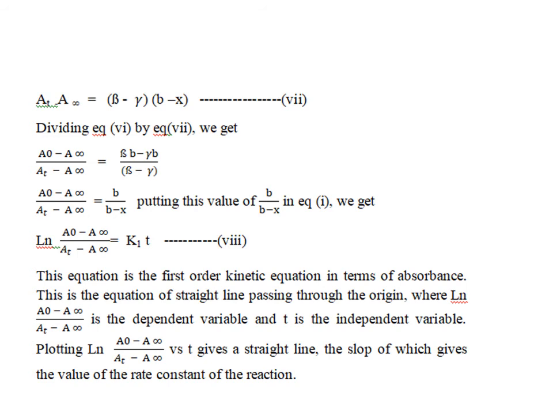Now putting the value of b over (b minus x) in equation 1, we get log of (A_0 minus A_infinity) over (A_t minus A_infinity) equal to k1 into t, that is log of absorbance at initial conditions minus absorbance at infinity over absorbance at time t minus absorbance at infinity.